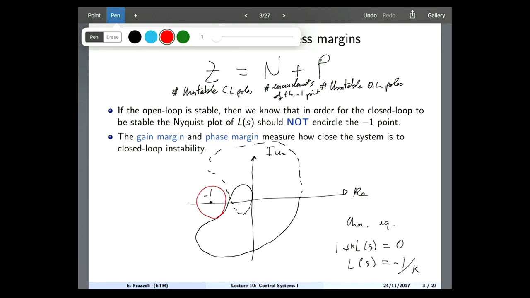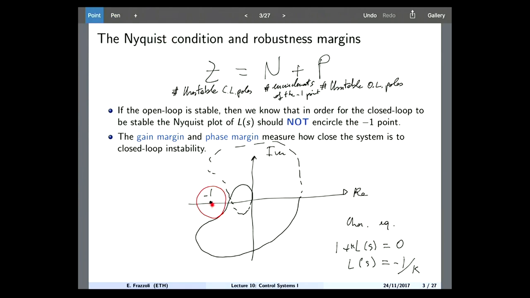The further you are, the more robust your design will be, because now you can have some errors in your transfer function and still not get close to the -1 point. Now, in principle, what you would like to figure out is the radius of this circle, so you want to make that circle as large as possible.